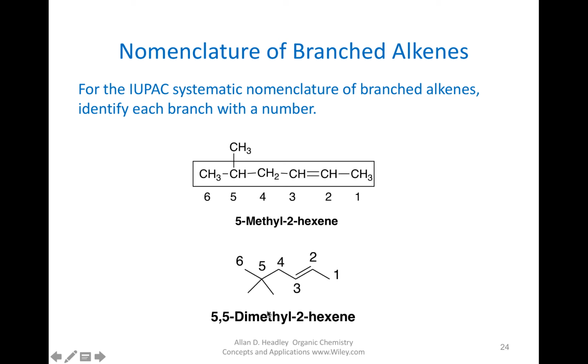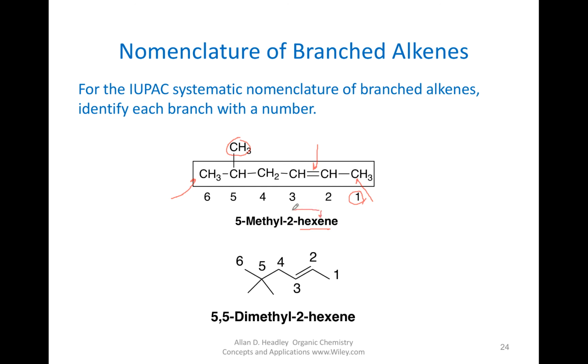Here's another example. Notice again, to name this molecule, we do not start at this end, even though it has a branch closest to that end. Now the double bond takes priority and we start at this end with number 1. So this is number 1, 2, 3, 4, 5, 6. Hexane. We change the A to an E, so it's a hexene.